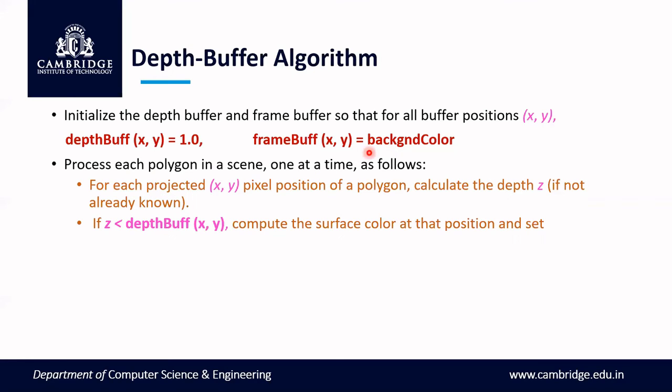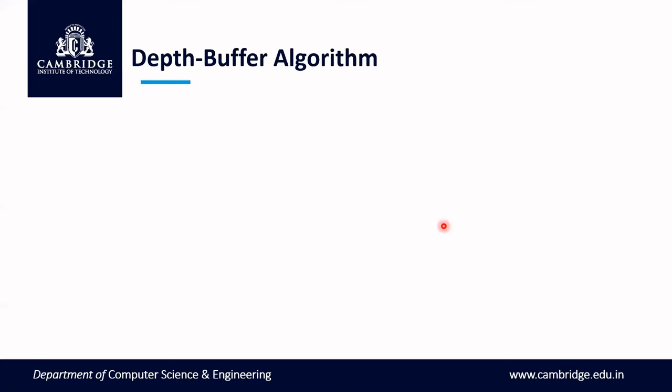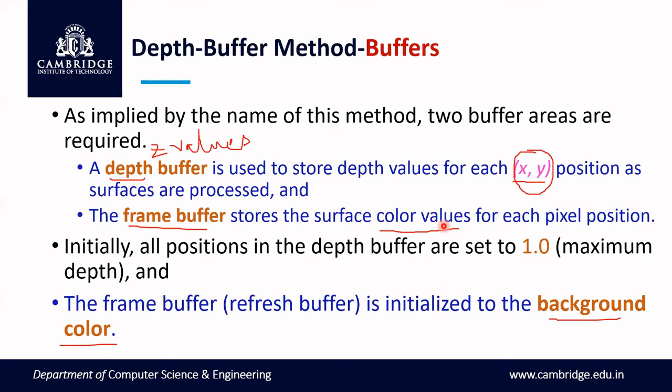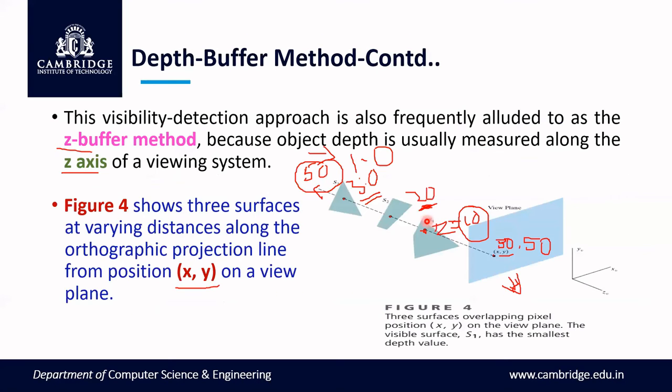Now, for each projected XY pixel, what will I do? Compare the pixel of a polygon. What actually is done here, I'll just go back and tell you. Polygon by polygon it will process. First, as they have already told in the algorithm, it comes from the backside.